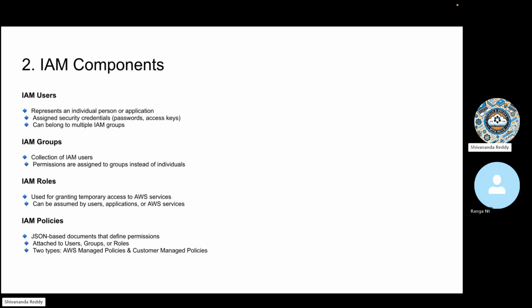For those services, you can temporarily grant access. Temporarily means maybe for an hour, or 12 hours, or 5 hours. Once the hours are over, the permission will be revoked.